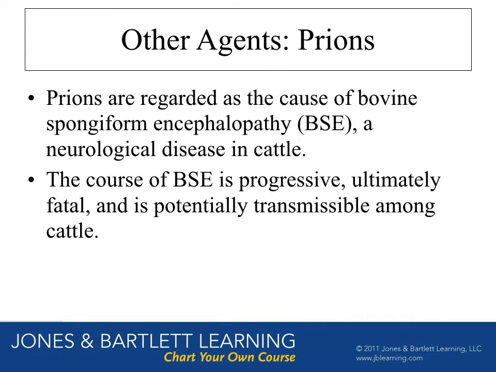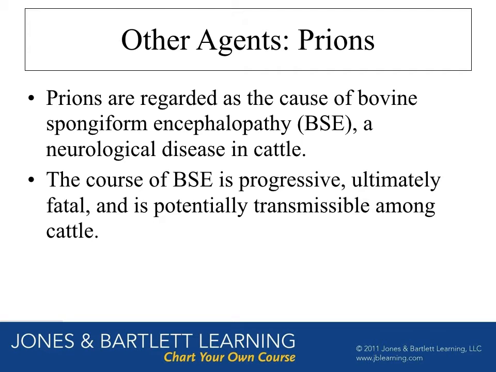There are some other things besides bacteria and virus, prions, and this is kind of a special case because a few years ago this was discovered in mad cow disease, the cause of bovine spongiform encephalopathy. It wasn't able to be linked to anything from a bacteria or a virus or any known cause.